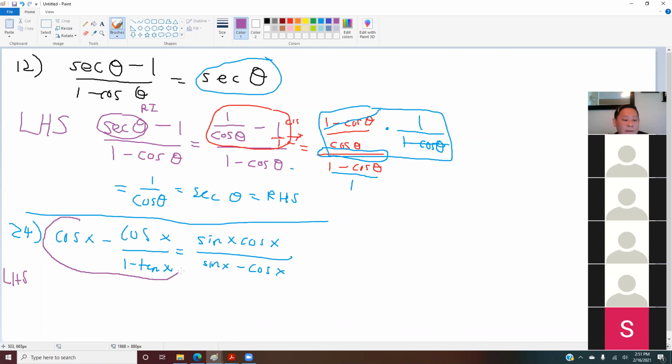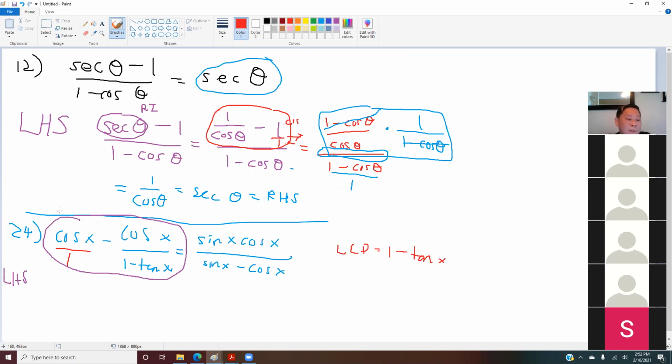Anyone know what to do with the left-hand side here? How do we add or subtract fractions? This is a fraction. How do we add and subtract fractions? Make the denominators the same. What's the LCD? So find the LCD here. 1 minus tangent x, right?